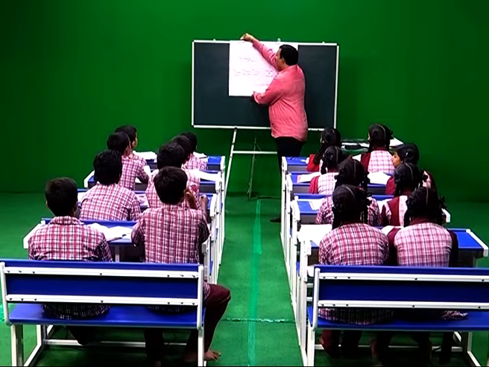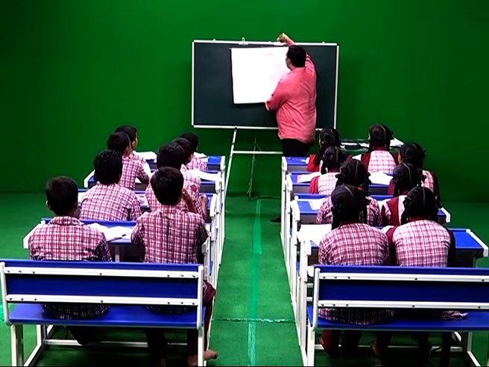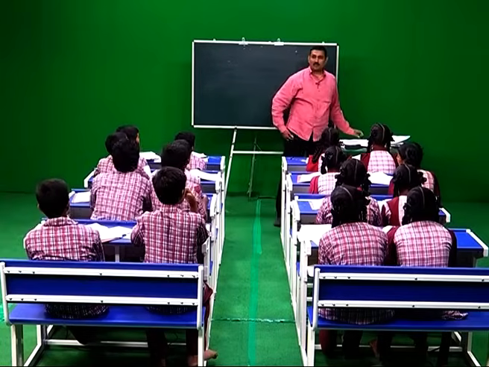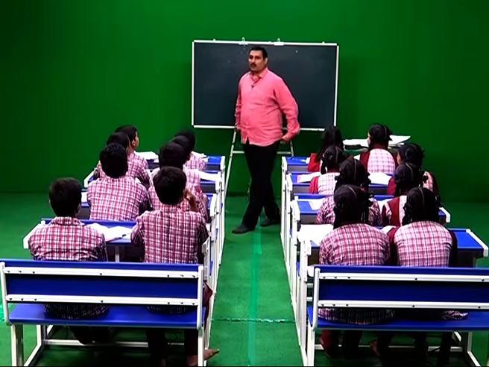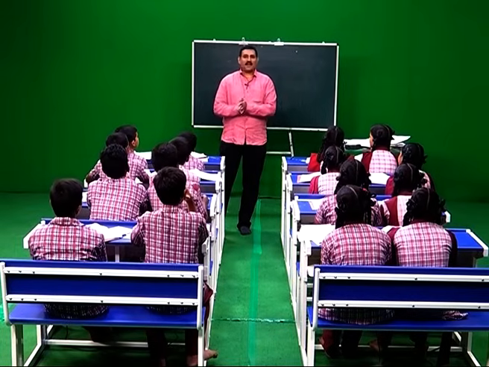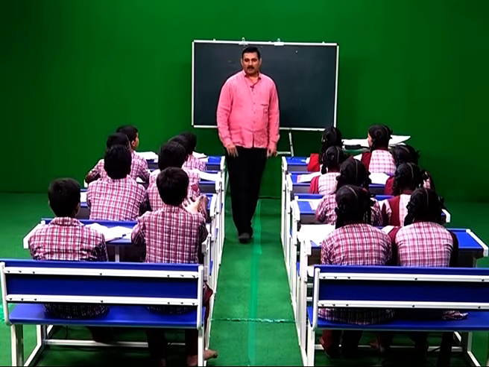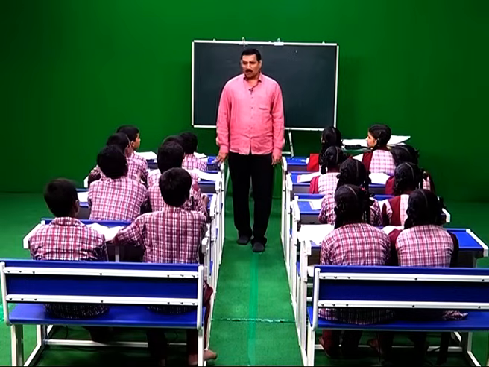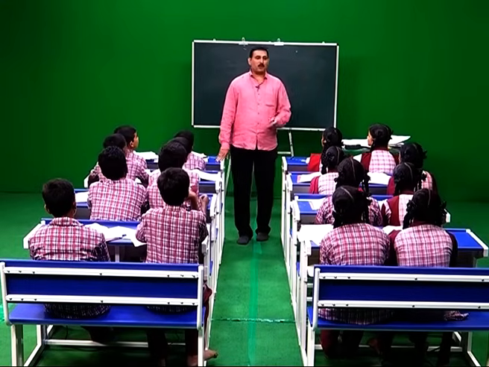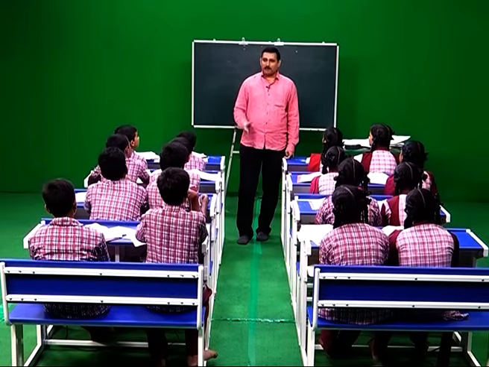Now, what did we learn in this class? First, we discussed factors. What do you mean by a factor? Any number which divides the given number, leaving remainder 0, is called a factor. Then we discussed prime numbers, and prime factorization.